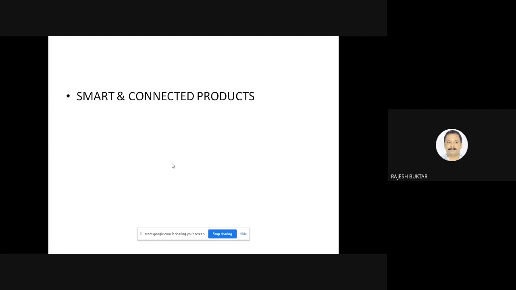So therefore, why do we need to understand this fourth industrial revolution? Because there are a lot of smart and connected products which are going to come in the market, and after 2025, you will see smart and connected vehicles, four-wheeler vehicles, electrical vehicles in the market. And once these vehicles are in the market, services are also very important.